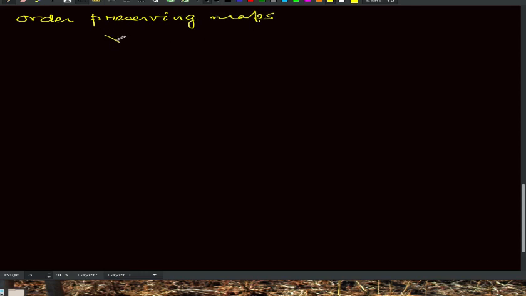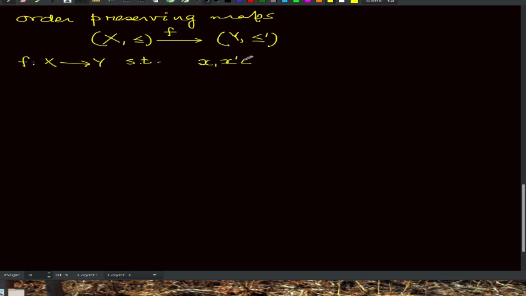So if you have two partially ordered sets, for the time being I am still writing this as this, but very soon I'll just use only one symbol. So by this we mean that f is a function such that for x and x prime in X, x is smaller than x prime implies that their images are also smaller.